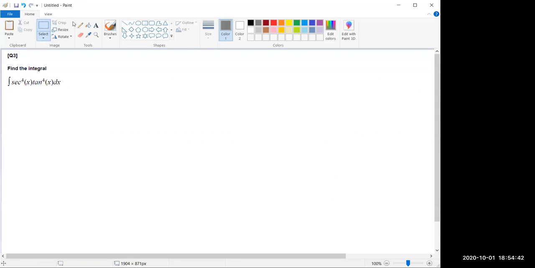All right, so this one is some trig stuff. We probably have to split one of the functions, but we don't know which one. But do you guys have any suggestions?